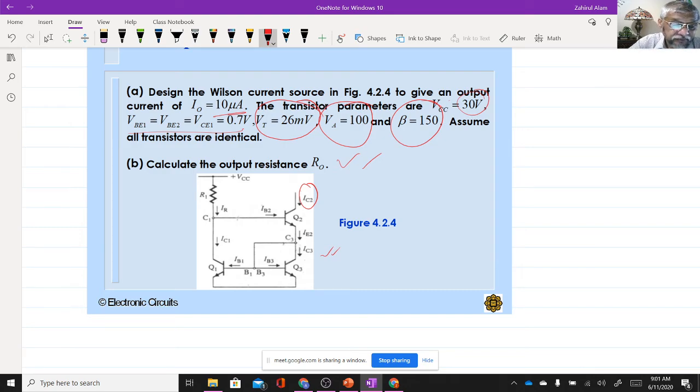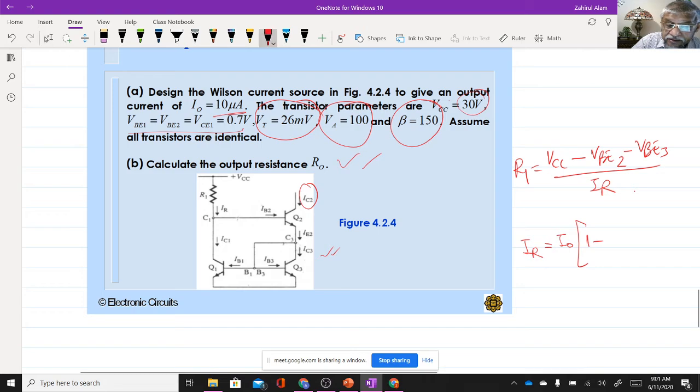Now we need to find the value of R1. R1, as I mentioned, is VCC minus VBE2 minus VBE3 divided by IR. So now we need to find IR. IR is equal to I naught over (1 minus 2 over (2 plus 2 beta plus beta square)).